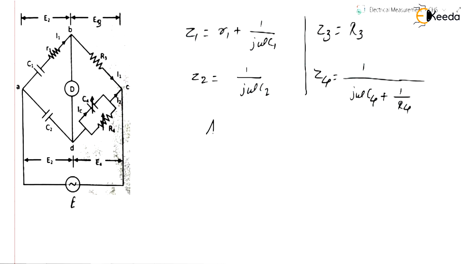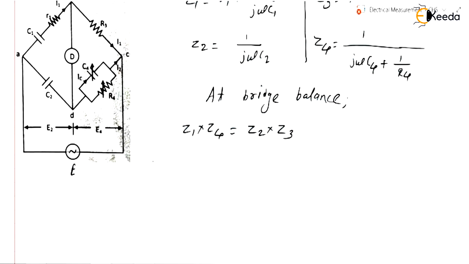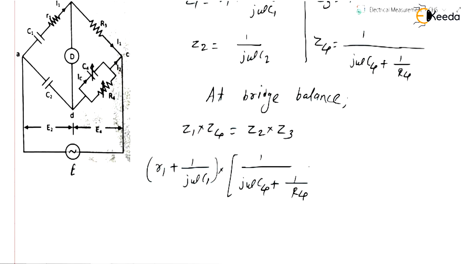At bridge balance we know Z1 Z4 is equal to Z2 into Z3. Z1 is R1 plus 1 upon j omega C1, into Z4. Z4 is 1 upon j omega C4 plus 1 upon R4, which is equal to Z2 into Z3.